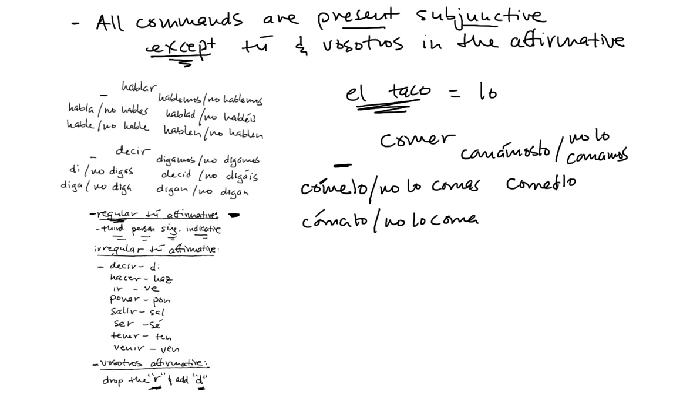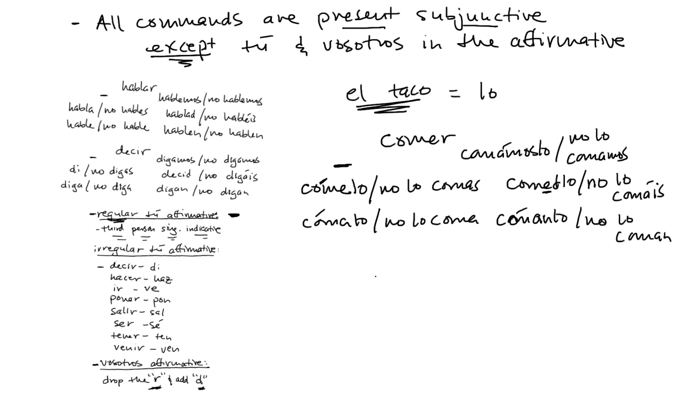Don't need an accent because the stress is still here. Negative is going to be subjunctive. No lo comáis. And ustedes, commanding an ustedes group, eat it. That's an A there. Cómanlo, and no lo coman. Okay? So that's how it works with object pronouns.